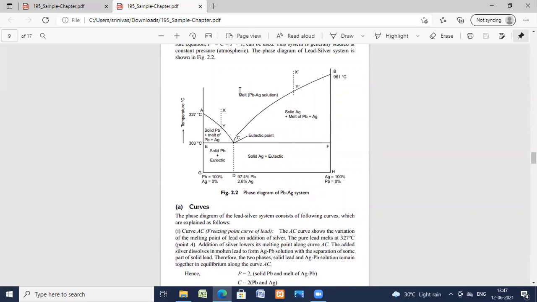Only here it is bivariant. All these other areas are univariant, and even on the curves you have univariant.